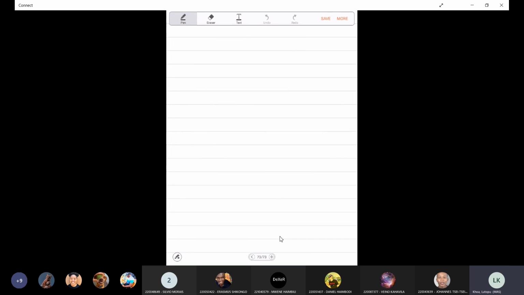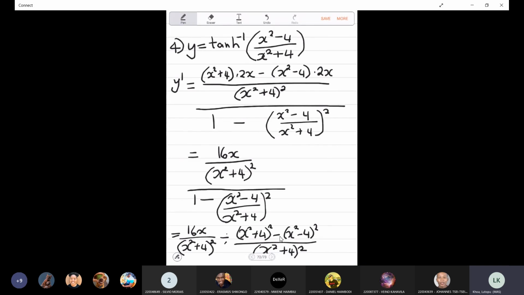So we have 16x over x squared plus 4 squared times the reciprocal of the other one.